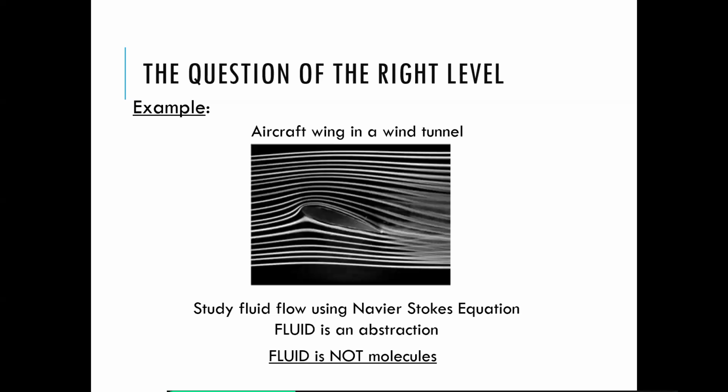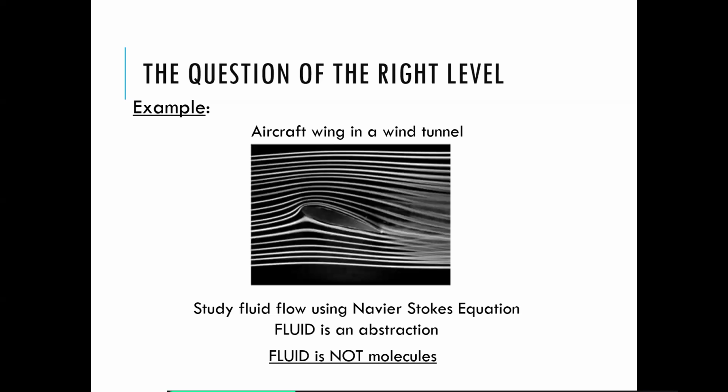Here we can take inspiration from engineering. Look at fluid mechanics and how people design, for example, an aircraft wing. You want to study the effect of the wind flow on the wing: how much thrust is generated, how much drag is generated, all that stuff. For that, I don't operate at the level of single molecules in the wind flow. You look at this abstraction called fluid, and write down the Navier-Stokes equation. Fluid means not single molecules, but large numbers of molecules.